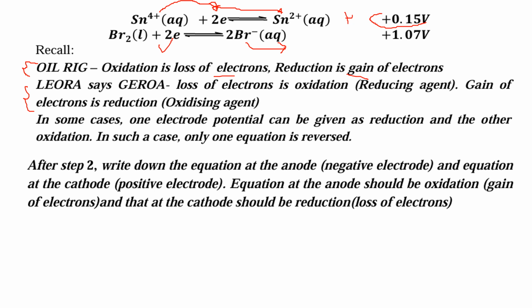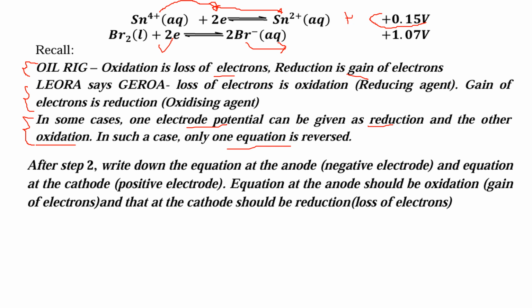Proceeding, in some cases one electrode potential can be given as a reduction potential, and the other one may be given as an oxidation potential. In such a case, only one equation is going to be reversed, and these ones are very common in papers. Before doing any calculations involving electrochemical cells, you need to first make sure that all the equations you have are reduction potentials or reduction equations, simply by looking at the oxidation states.